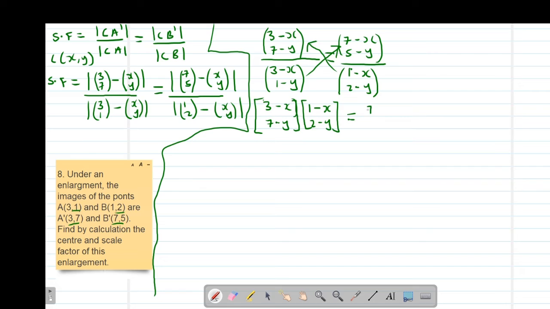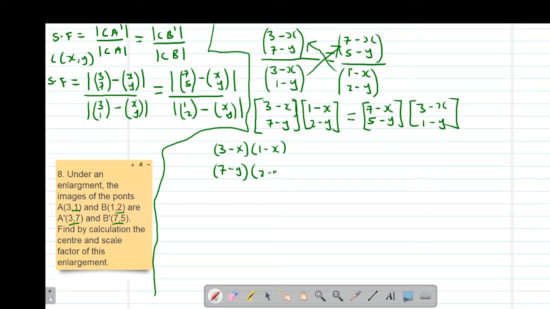So I'll have 7 minus x, then 5 minus y, which should be multiplied with 3 minus x, then divided by 1 minus y. So this one means that we are going to have 3 minus x, multiplied with 1 minus x. Then on the lower side, I'll have 7 minus y multiplied with 2 minus y.